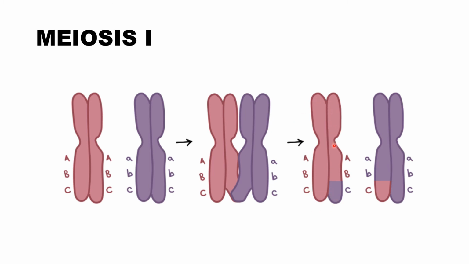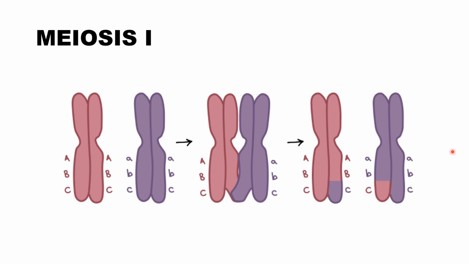With that, yung result na ngayon is yung pink na chromosome, meron siyang part na nanggaling doon sa violet na chromosome. Similar to the violet na chromosome, meron rin part doon na nanggaling doon sa pink na chromosome.